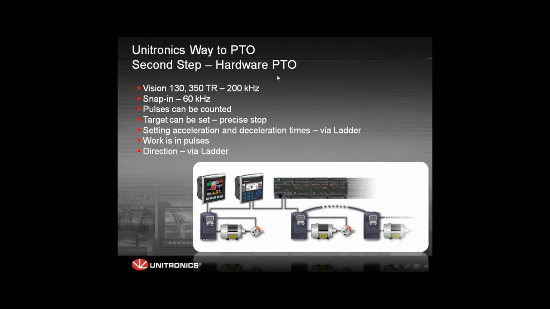The second step was much more advanced, and it was implemented in Vision 130, 350, and in several snap-ins. This high-speed output, which controlled the PTO, already had a frequency of 200 kilohertz, and 60 kilohertz if you use the snap-in.